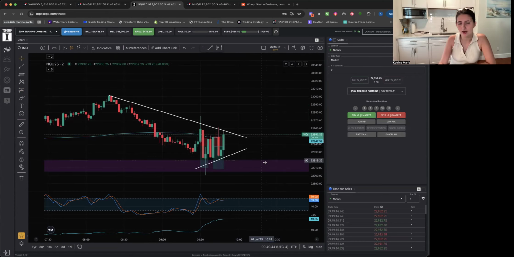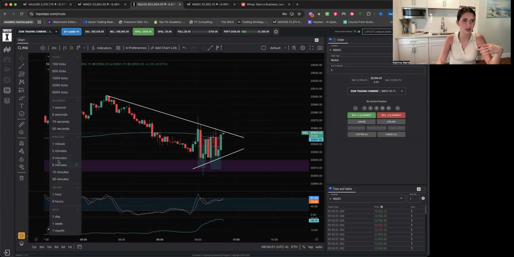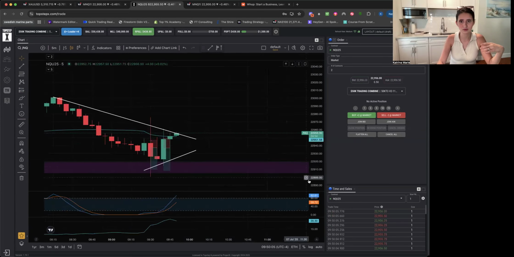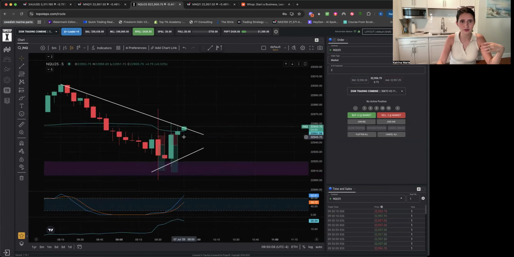Before I take a trade, I always look at the time, because even though it could be a clean break, I don't want to get caught up in a wick that comes back and hits my stop loss, because it was just making a wick on the other side of a 5-minute candle and then continuing back up. For example, right here, I would want to see a little wick on the other side.